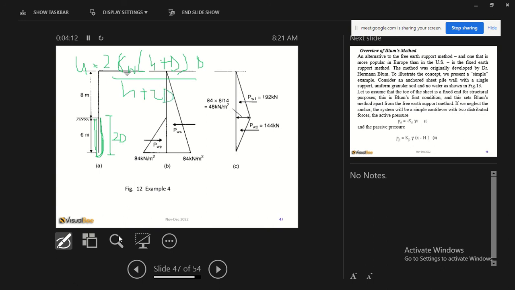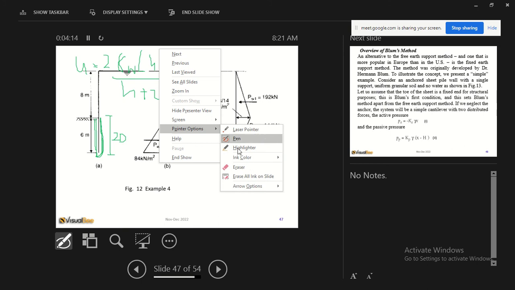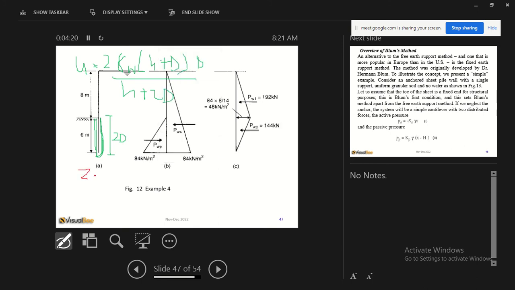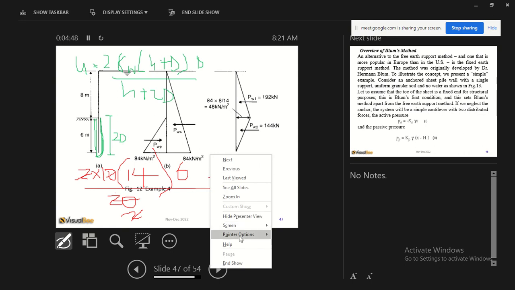So that would work out to be what? 2 times 10, 8 plus 6 is 14, times 6 over 20. This one goes here, 2 cancels 2, 14 times 6 is 84. So that is the uniform pressure on all sides.